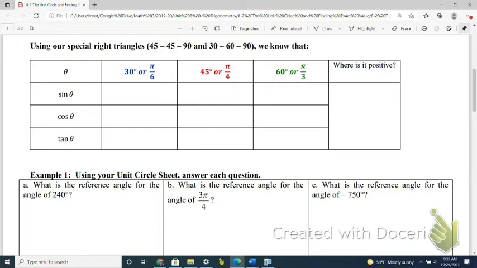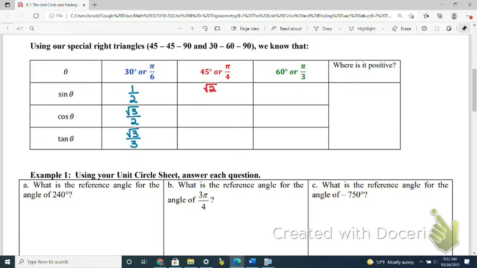For our 30 degrees or pi over 6, all of our blue lines will have a sine value of 1/2, a cosine value of the square root of 3 over 2, and therefore the tangent will be the square root of 3 over 3. All of our red lines on our unit circle are 45 degree reference angles.